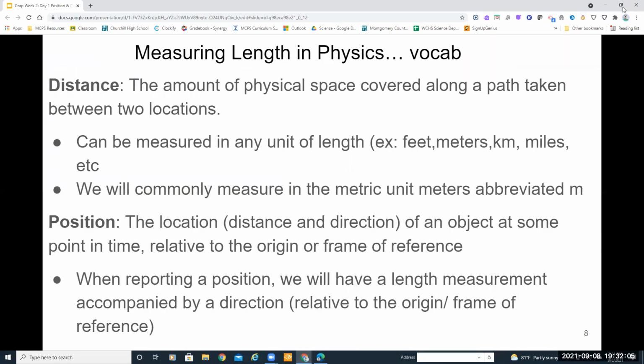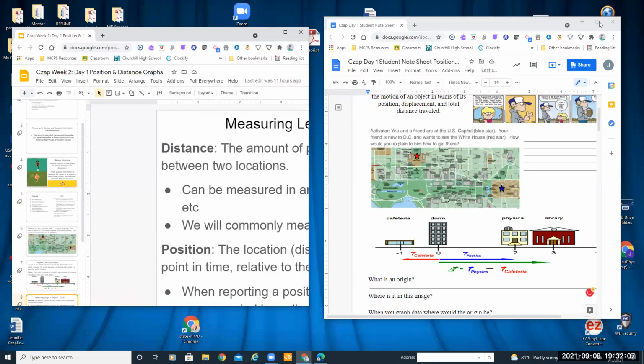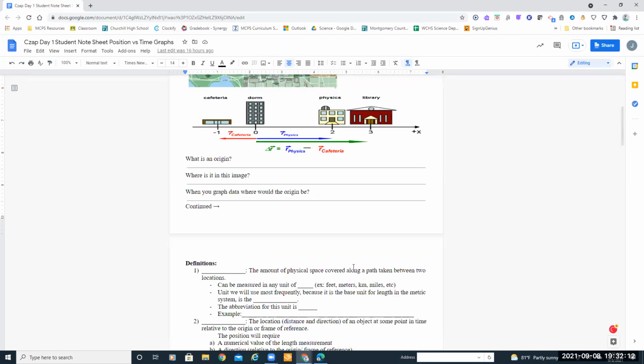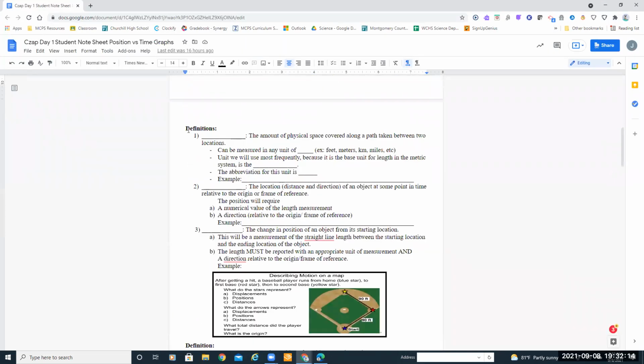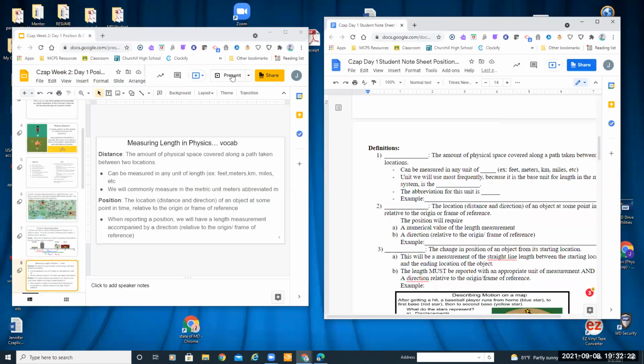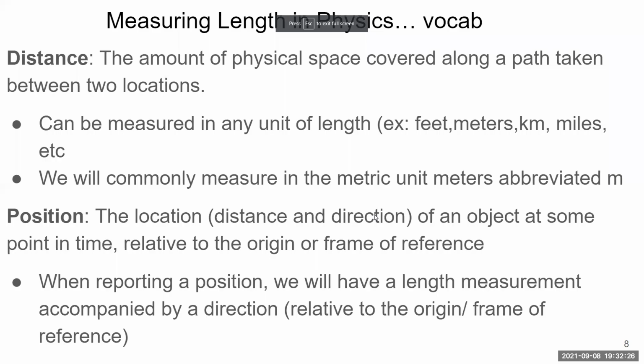So let's go back and look at that note sheet and make sure that we can fill this in. I'm going to put the two definitions up again. We're going to fill in number 1 and number 2. I suggest you pause for a moment and take a look at those. You're filling in 1 and 2 where it says definitions.